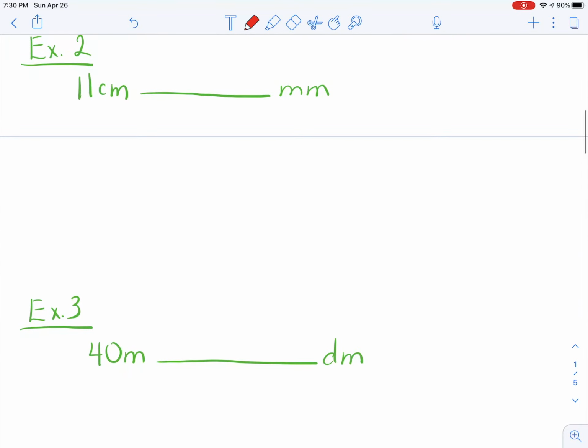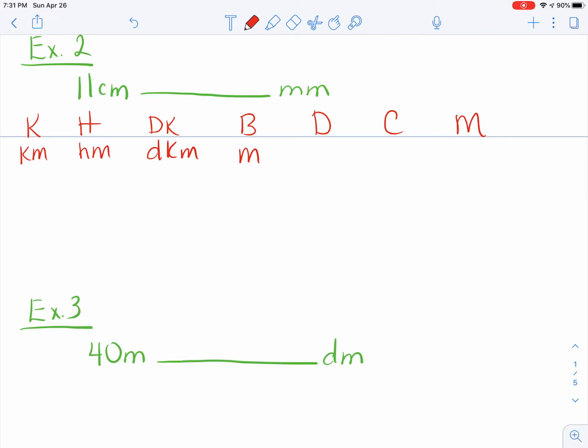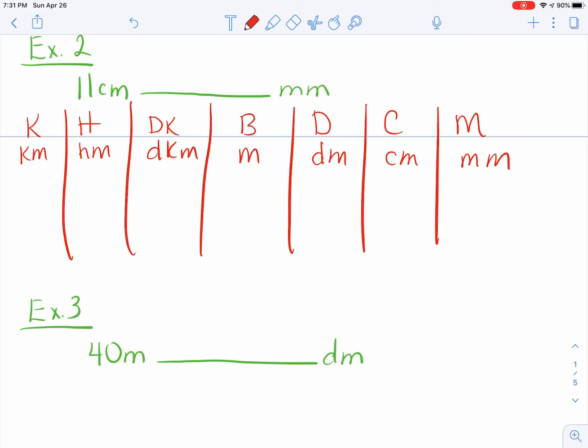Example 2. 11 cm, which is centimeters, is how many mm, which is millimeters? King Henry died by drinking chocolate milk. I'm doing meters, so km, hm, dkm, m, decimeters, centimeters, millimeters. So I've quickly made me a little metric conversion chart. I'm starting this time at centimeters.